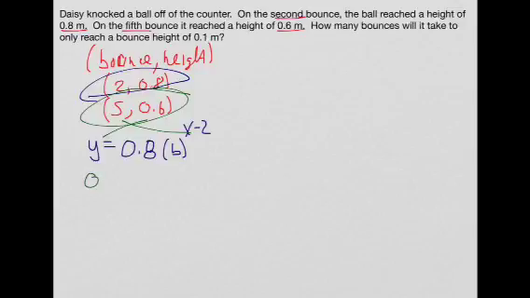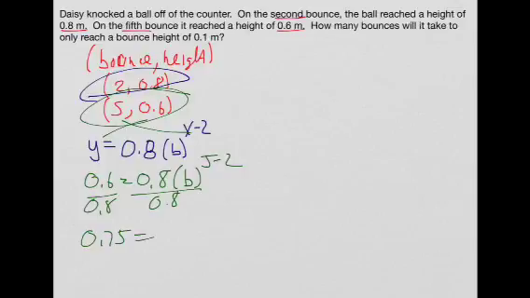So I'll get 0.6 is 0.8 times b to the 5 minus 2, and solve this equation for b. So I'm going to divide by 0.8. That's going to give me 0.75.